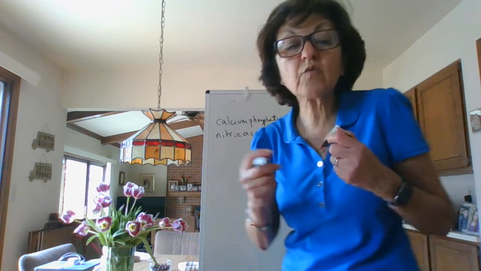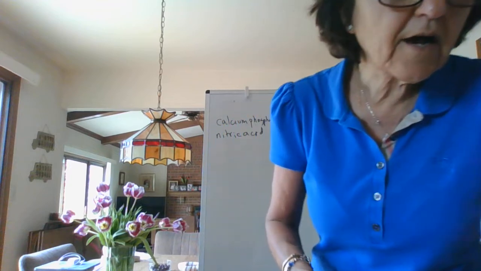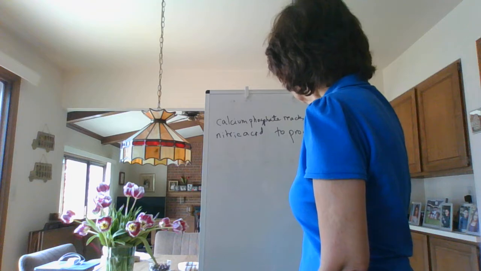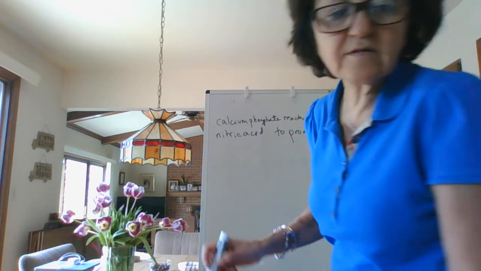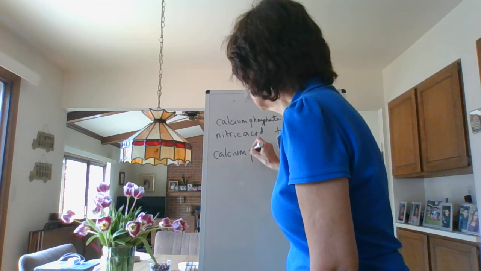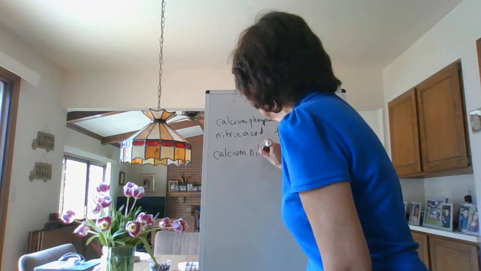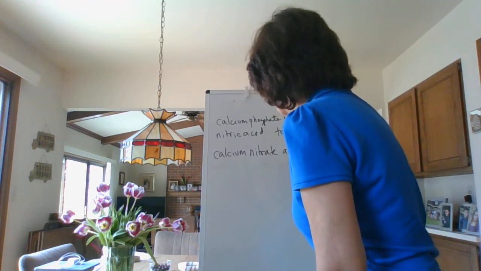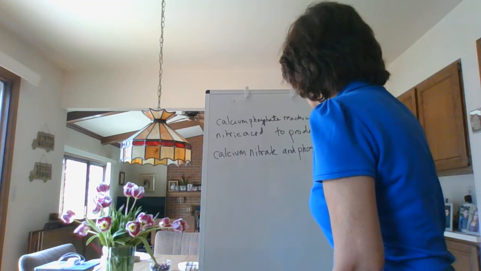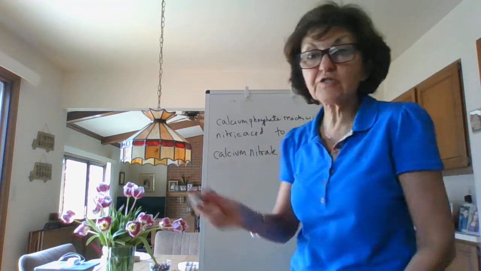So that means you have to be able to write down the formula of calcium phosphate and nitric acid to produce. Okay, what are the products? Calcium nitrate and phosphoric acid. So this is an example of a chemical equation in words.